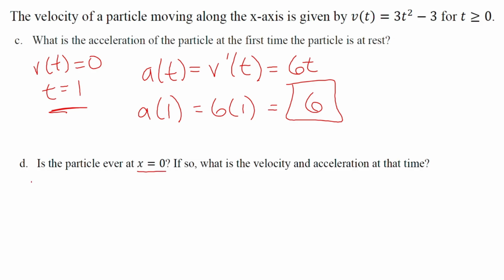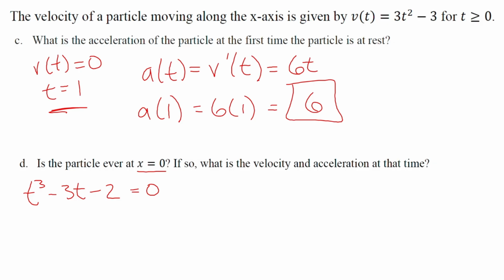So our position function was t cubed minus 3t minus 2, and we're going to set that equal to 0. Now, this is a cubic function, and it doesn't look like one that we can factor by grouping. So we're going to have to just use synthetic division to figure out how to factor this.